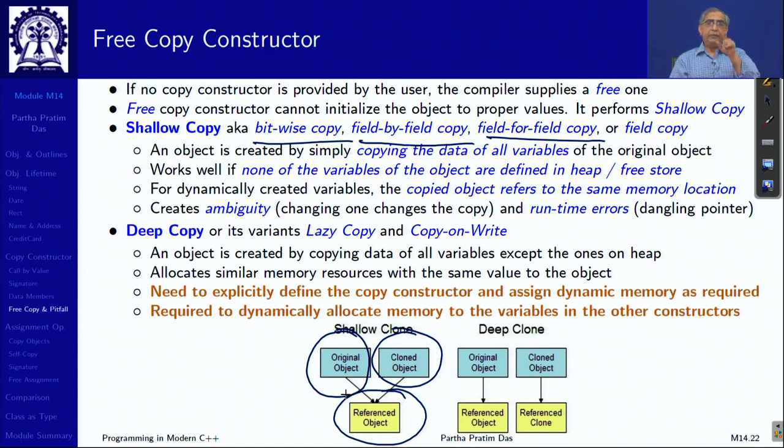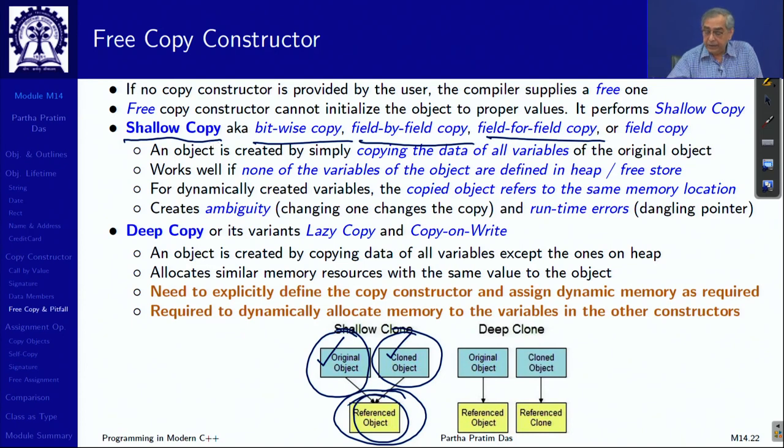This is a very ambiguous copy, and this might lead to unexpected results. For example, after cloning, if I use that pointer to change the referred object, then the same value will be reflected in the original object also. This type of copy is called shallow copy, where you are just copying the pointers, because you are doing a bit copy. That is what the compiler has given you.